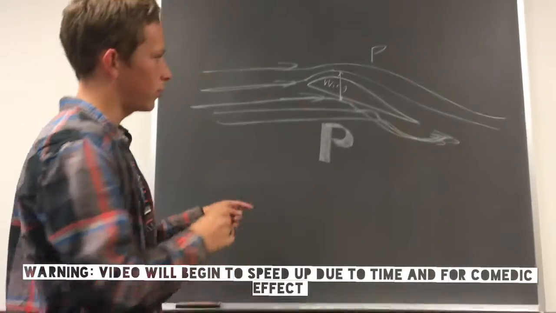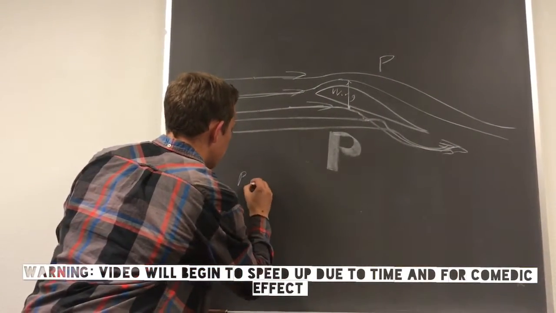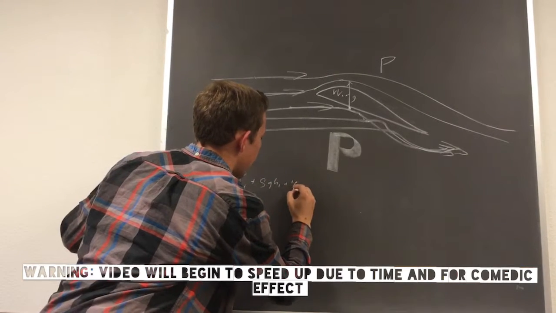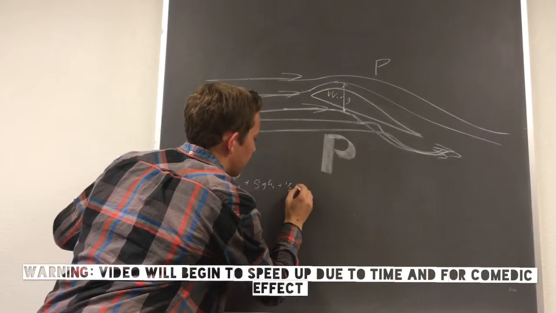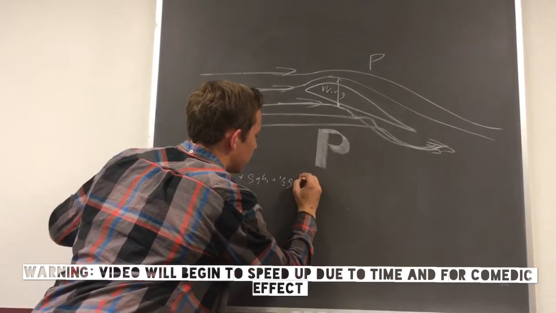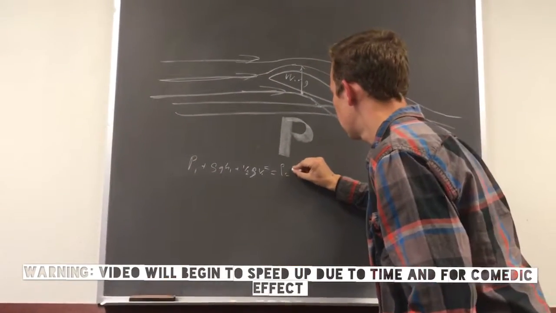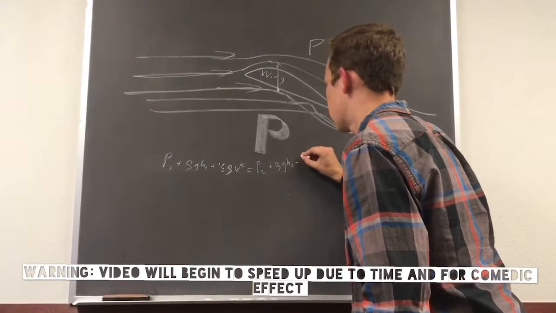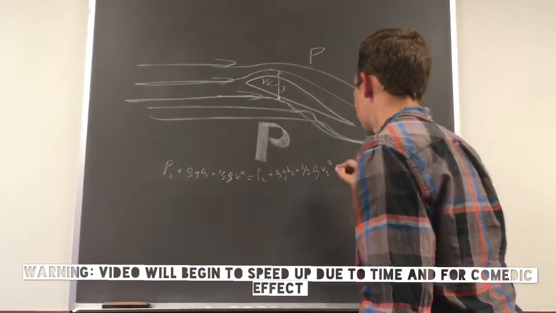This is greatly explained through Bernoulli's equation: P1 plus rho g H1 plus 1/2 rho V1 squared is equal to P2 plus rho g H2 plus 1/2 rho V2 squared.